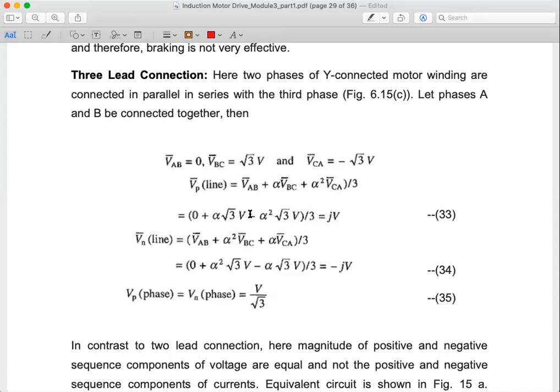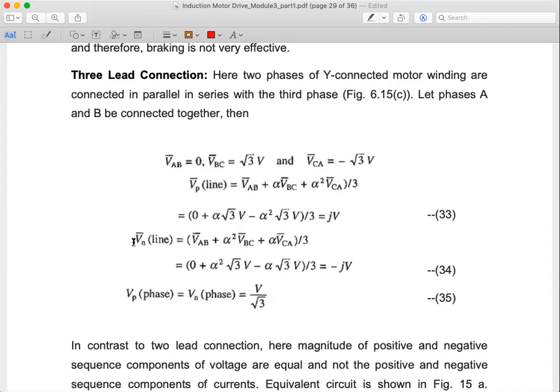If I simplify, alpha minus alpha squared, which we have already seen, is equal to j root 3. So when we substitute here, we get VP line is equal to jV. This is the positive sequence component line voltage.